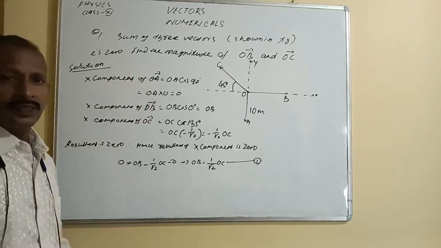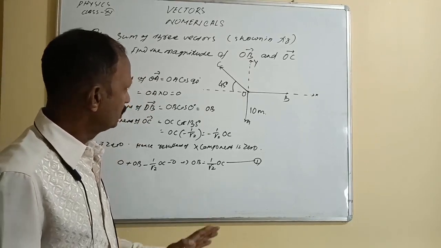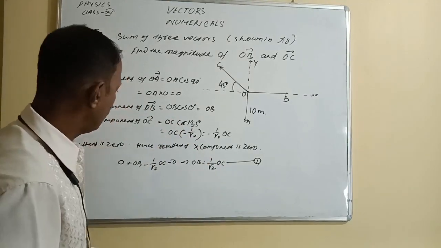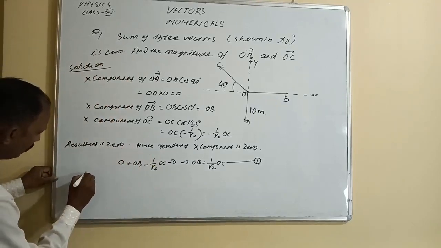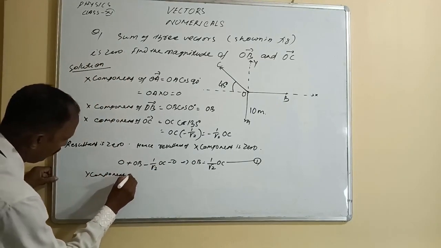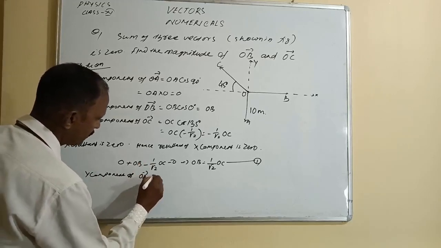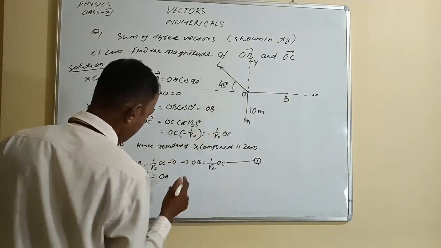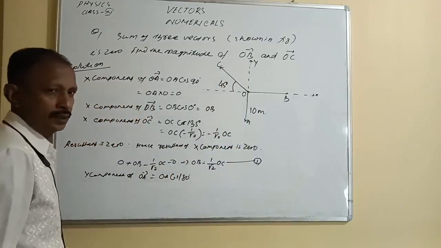Now we move towards the y component, because we have to resolve the vectors into their x component and y component to get the resultant. So, the y component of OA vector is equal to OA cos 180 degree.